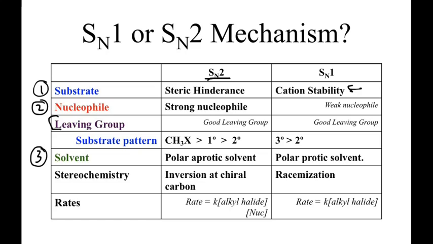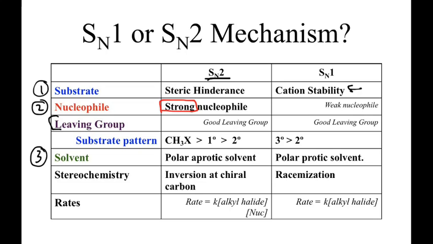When we look at the strength of the nucleophile for the SN2, we needed a strong nucleophile. Why? Because we're trying to push the leaving group out. The SN2 reaction forces the leaving group to leave, and to do that forcing, we have to have a strong nucleophile. When we move to the SN1, because the nucleophile doesn't come into play until after the cation's formed, I don't care what the nucleophile is.